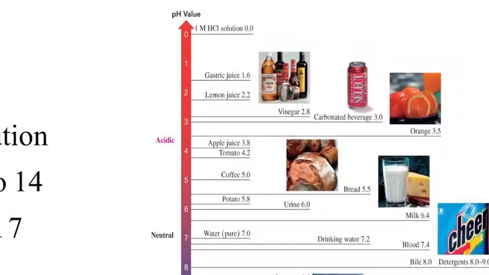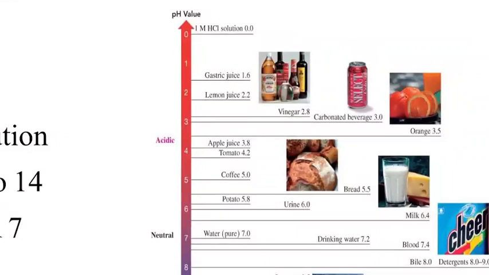Vinegar is acidic, soda is acidic, oranges, tomato juice, coffee, even a potato, okay? Bread is considered acidic. Milk is considered acidic, okay? This was one of the questions that I asked you in the beginning of the semester when we were doing that chemistry trivia. Milk is actually slightly acidic.